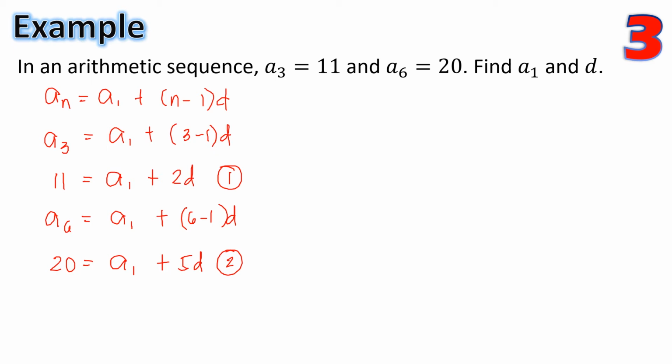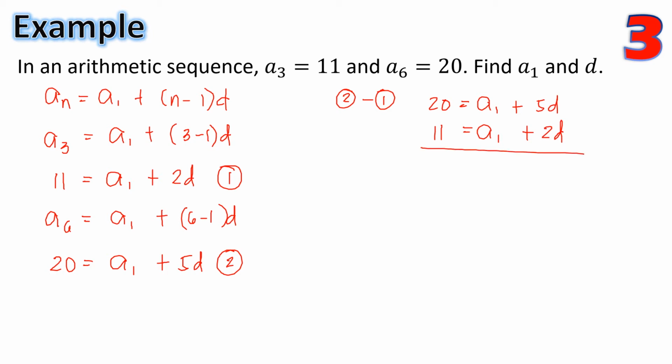So to eliminate a sub 1, we subtract equation 2 minus equation 1. Equation 2 is 20 equal to a sub 1 plus 5d. And equation 1 is 11 equals a sub 1 plus 2d.